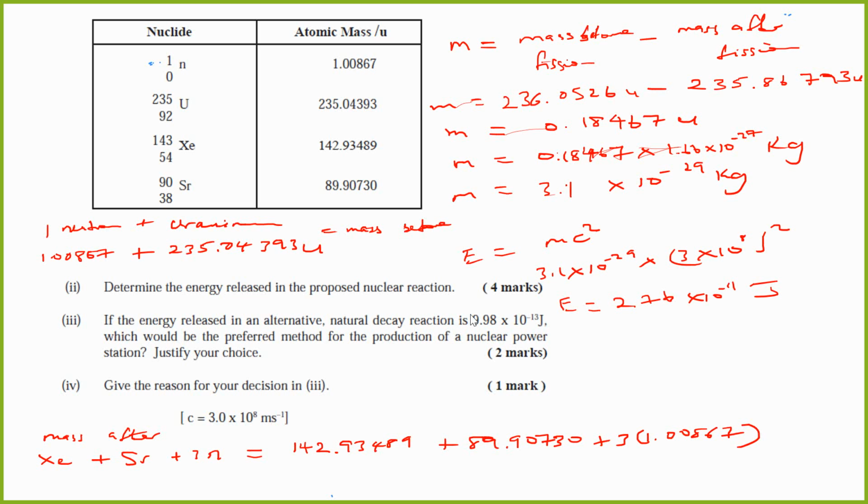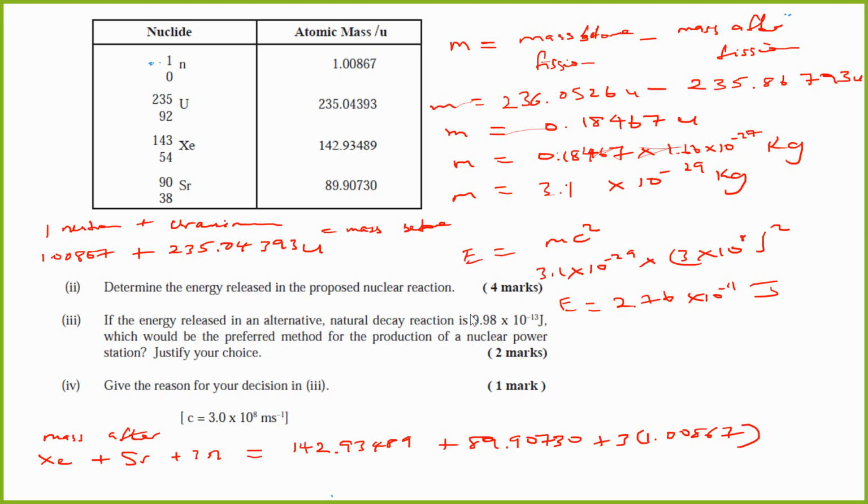The energy released there is much smaller compared to the artificial experiment. So the best thing is to say that I would prefer the artificial method because I would get more energy when compared to the natural method.